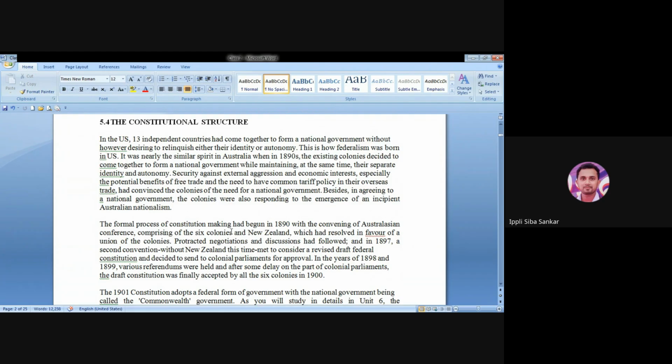At the same time, they want to keep their own dignity, their identification, their own interest; that interest should not be neglected. Okay, this is the background of the integration of colonies to create a national government.